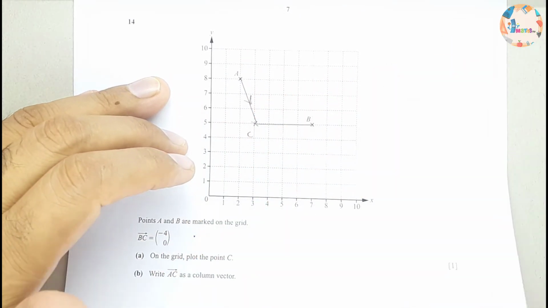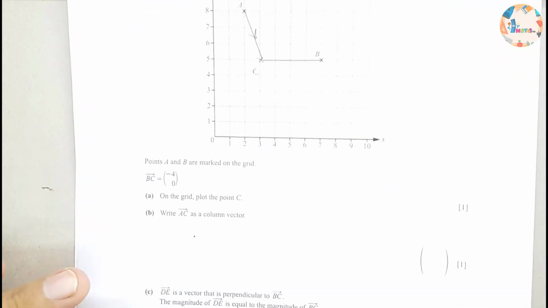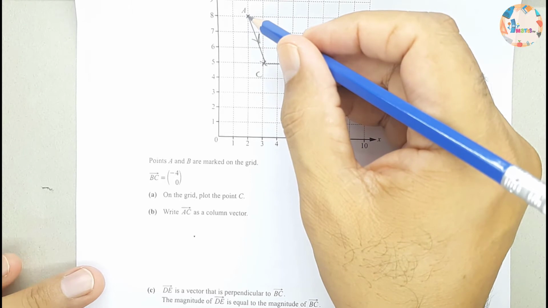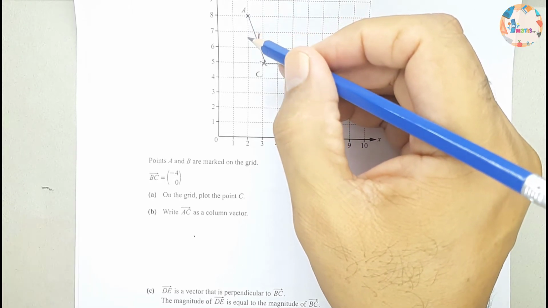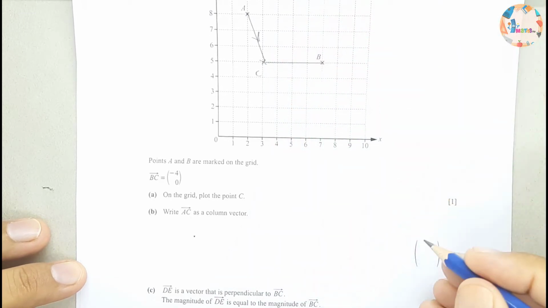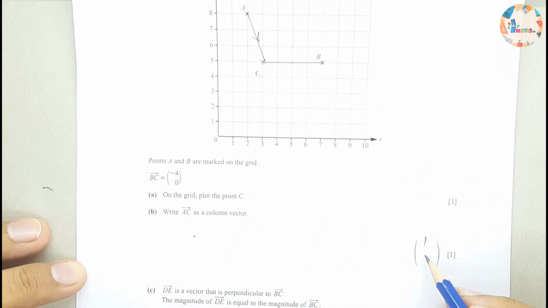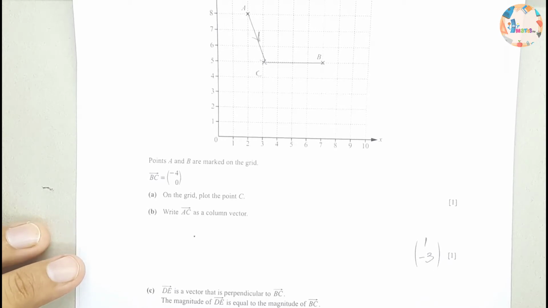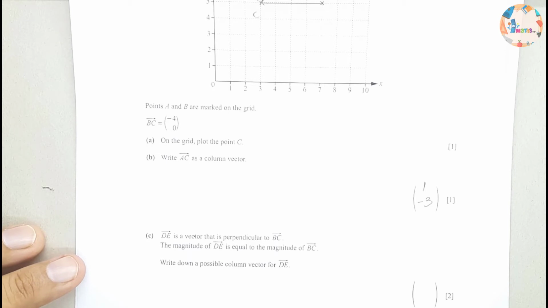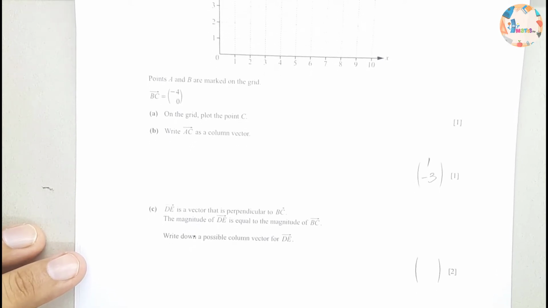So if we check from A, this is basically 1 unit right and 3 units down. So we can write 1 unit right and 3 units down will be -3. So 1 and -3. Then DE is a vector that is perpendicular to BC.